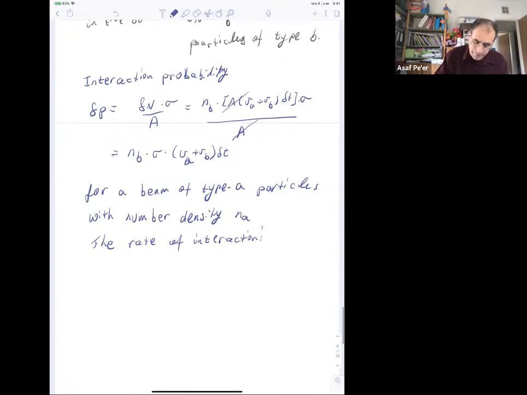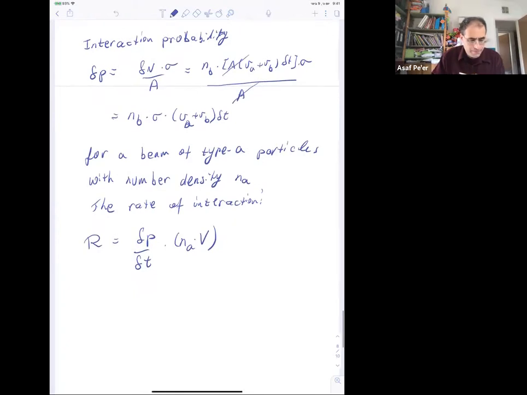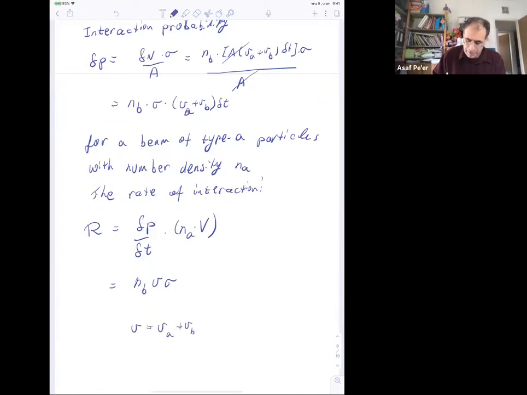What's the rate of interaction? It's the probability of interaction per unit time times the total number of A particles, so NA times V. So this is just NB V sigma, where V is VA plus VB, the relative velocity, times NA times the volume.